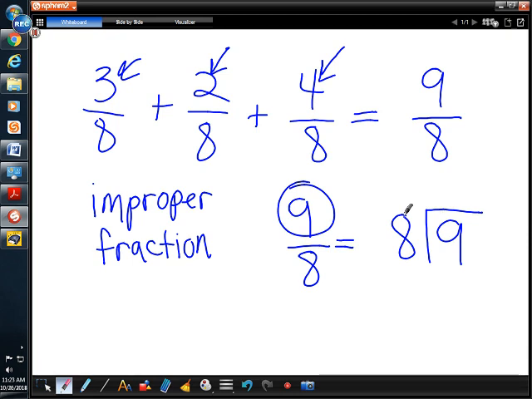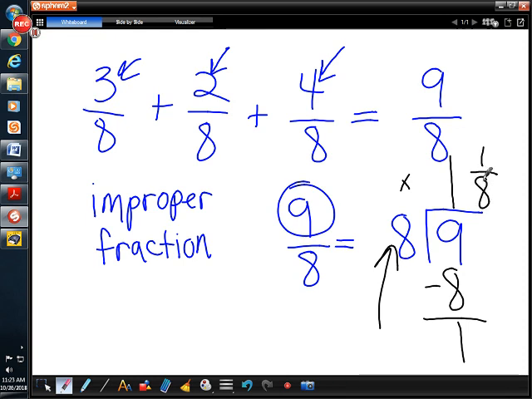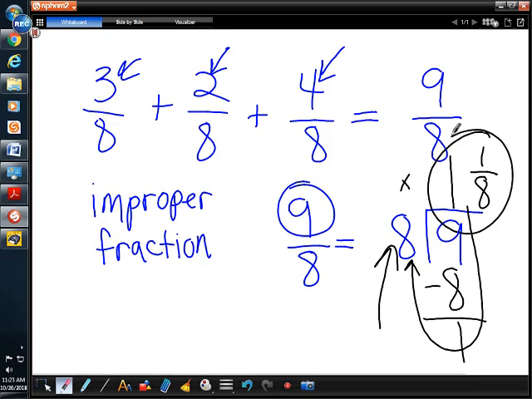I know that 8 goes into 9 one time. 1 times 8 is 8. When I subtract, I get 1, so my remainder is 1. I had 1 left over, and these guys are eighths. So we touch the 1, and then we look at the 8. So 1 first, and then the 8 gives me that same 1 1/8. It's just another way to do it, but either way is fine.